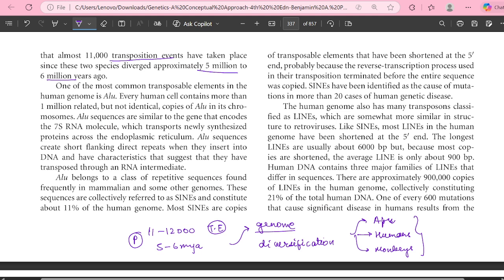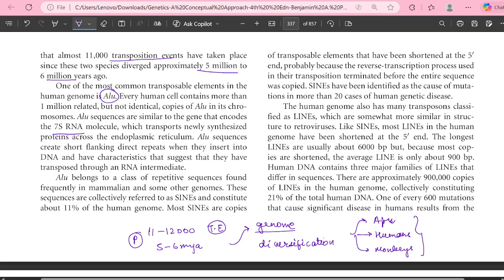Now, as I was talking about the transposable elements in humans, one of the very common transposable elements in humans is the ALU gene. This ALU is found frequently and abundantly in the human genome. Approximately 1 million related copies of ALU are present in the genome of one human cell. Now the genetic sequence of ALU is very similar to the 7S RNA molecule.